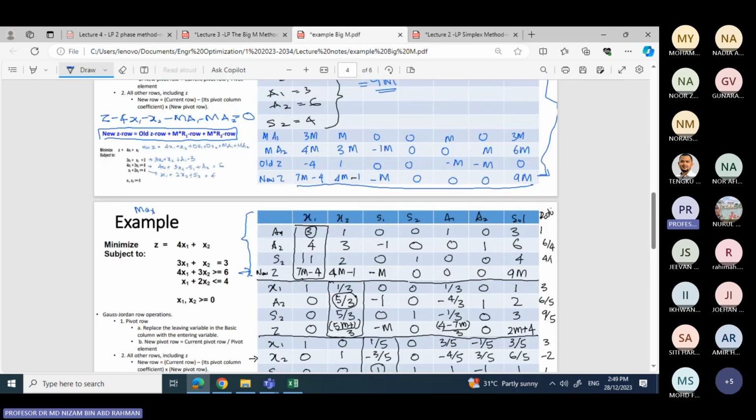The x1 multiplier is positive, the x2 multiplier is positive. So because of that, this is not optimum yet. This first tableau, which I numbered 1, is not optimum yet. So if it's not optimum, because you still have positive values, what do you do?